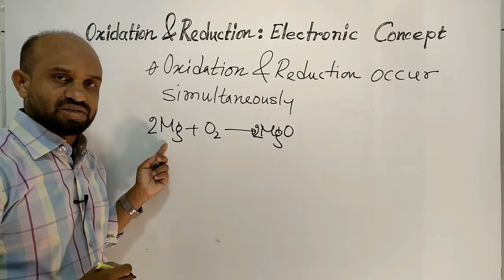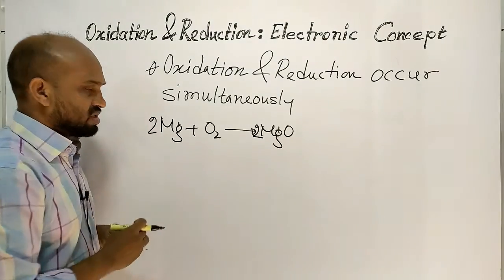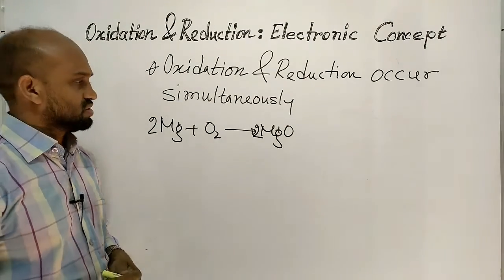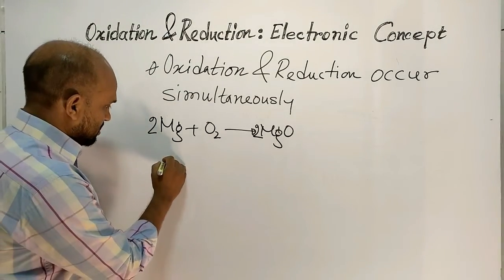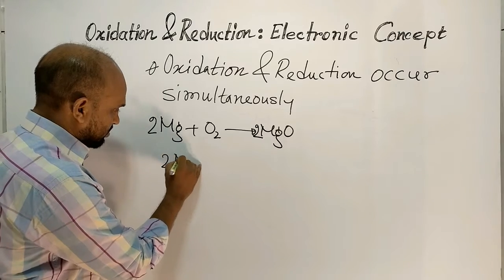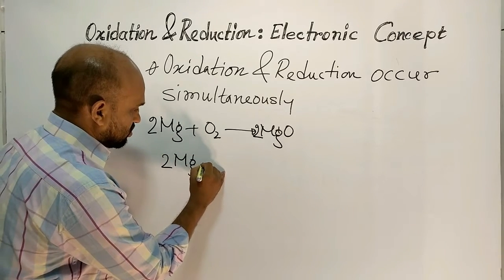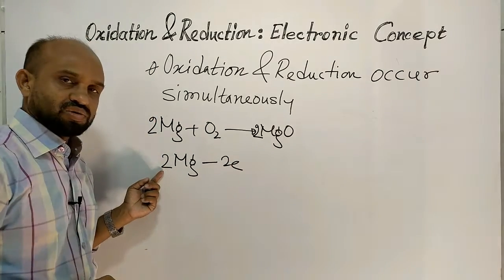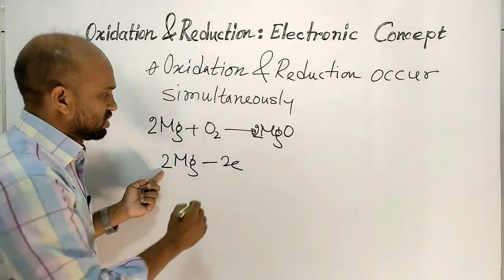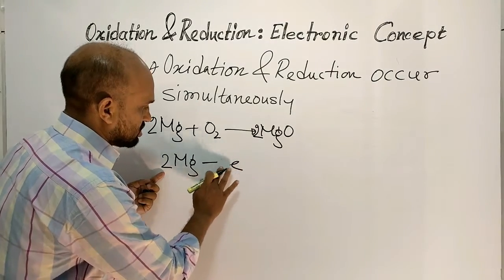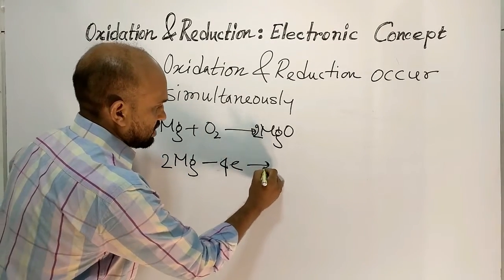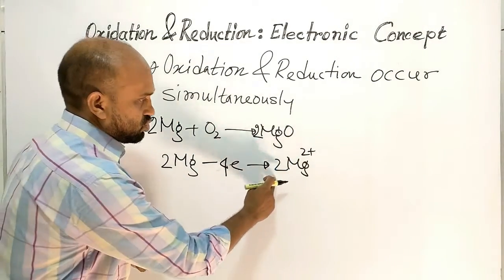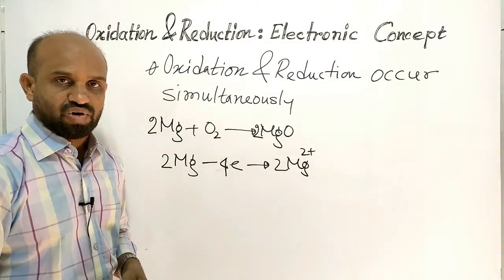That means in this reaction 2 magnesium atoms and 2 oxygen atoms are involved. Let's see here, 2 magnesium atoms. One magnesium atom donates 2 electrons, so 2 magnesium atoms will donate 4 electrons here. And 2 magnesium 2 plus will be formed.